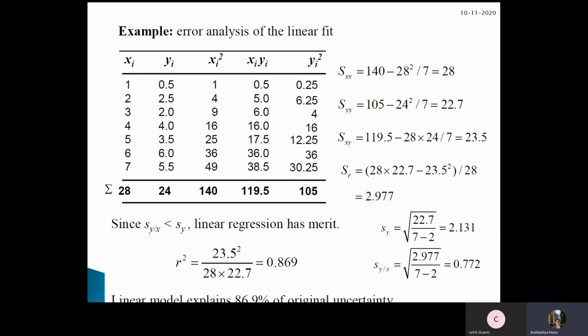I will not say very good, but it is still workable, because it explains only 86.9% of the uncertainty. But there are better models possible. Sometimes, by choosing a nonlinear model, you could reduce this error and explain more than 90% of the uncertainty, and that would be a better model, right?